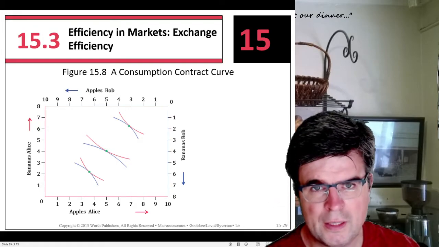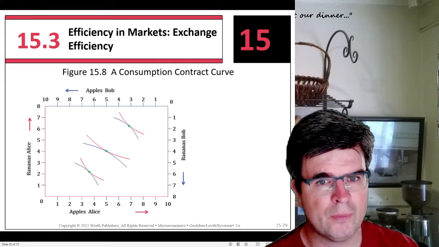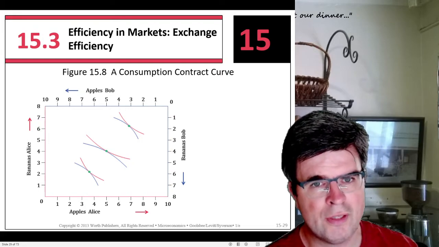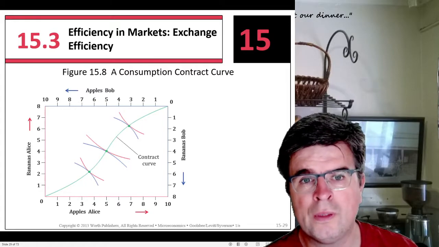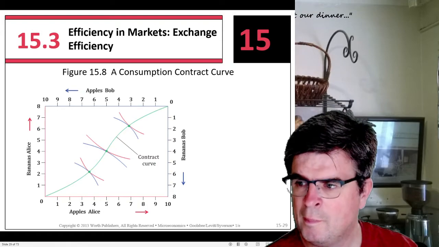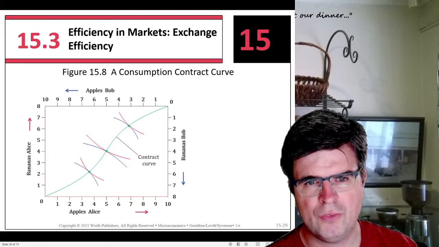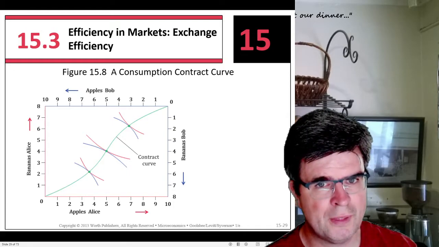So these 3 green points are 3 Pareto efficient allocations, but in fact, in a setting like this, you'll have an infinite number of them, and you can connect all the Pareto efficient allocations. So this green line that is given here is the set of all Pareto efficient allocations. And the green line has a special name. This is called the contract curve.